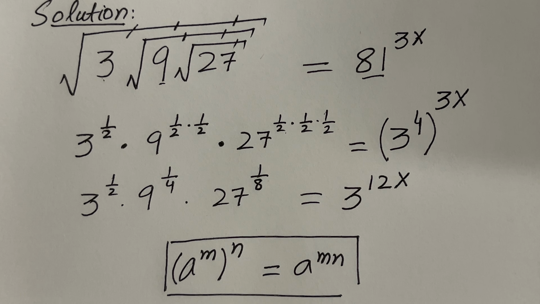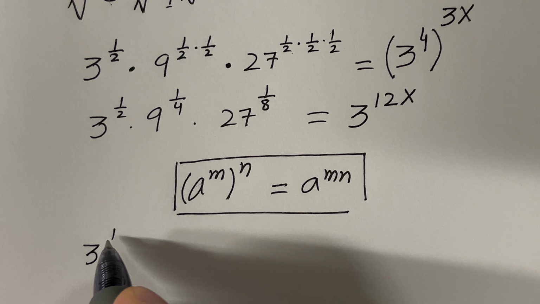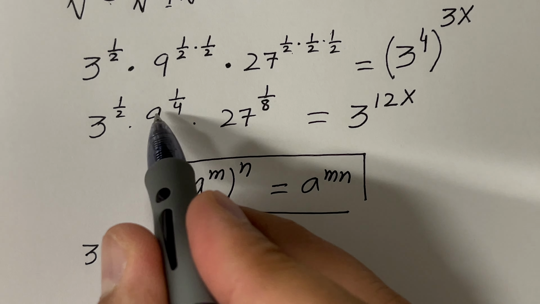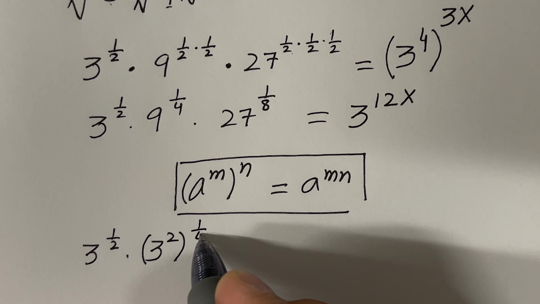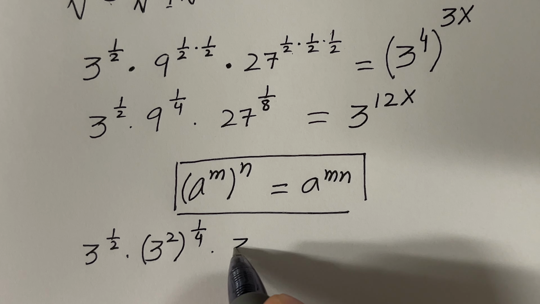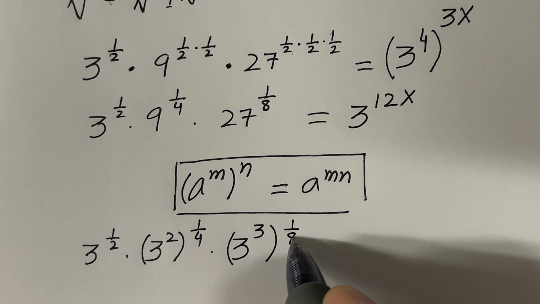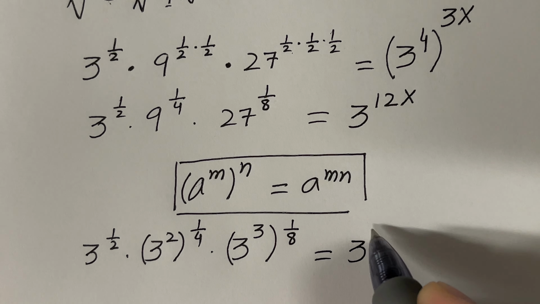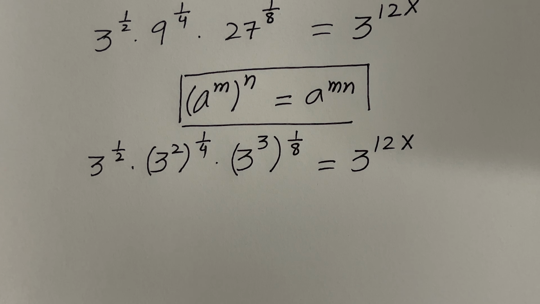Okay, now we have 3 raised to the power 1/2 times 9 can be written as 3 raised to the power 2 divided by 1/4, and 27 can be written as 3 raised to the power 3 times 1/8 equal to 3 raised to the power 12x. Fine.